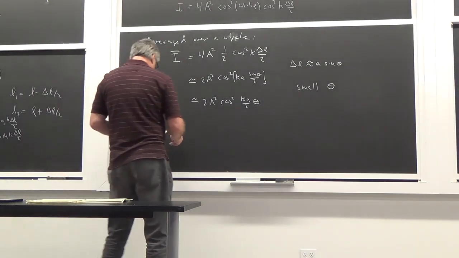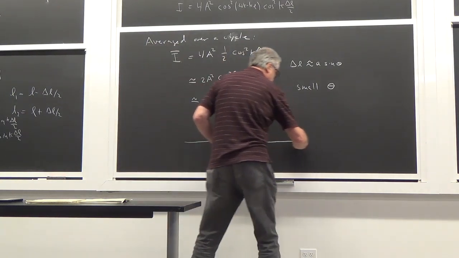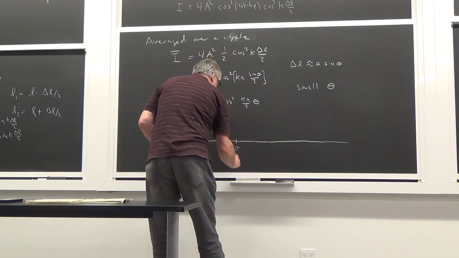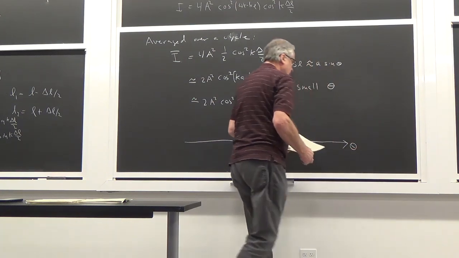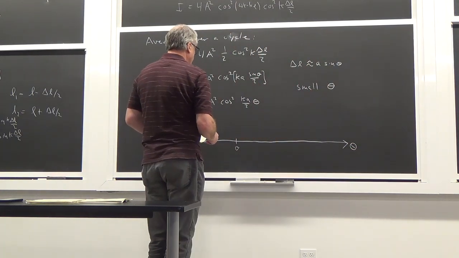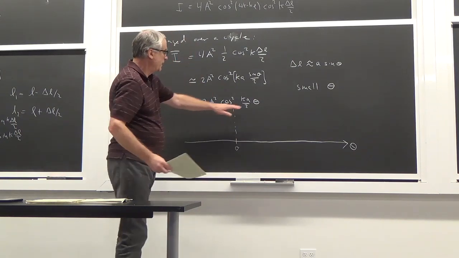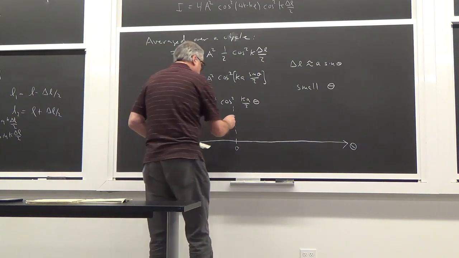And what the intensity looks like, let's say we take 0 here and theta along this axis. At theta equals 0, this has a maximum of 2a squared.